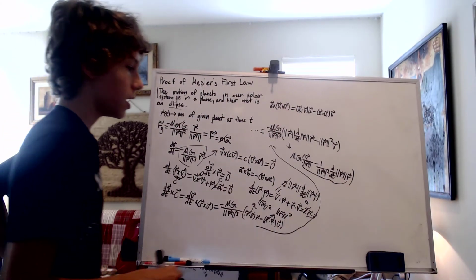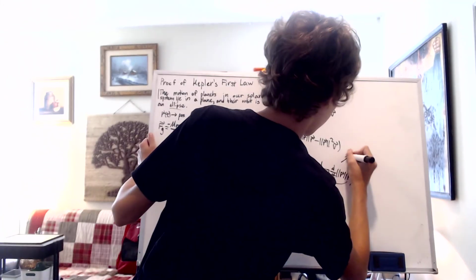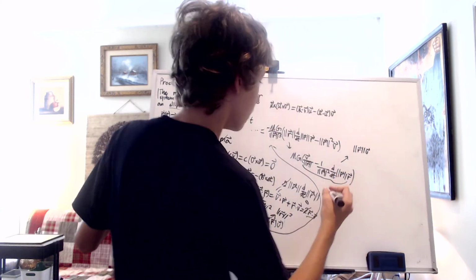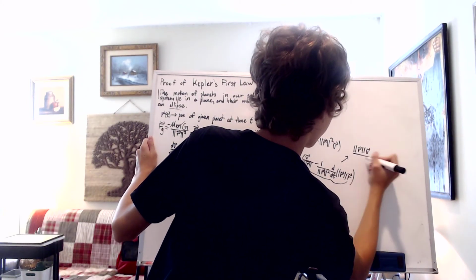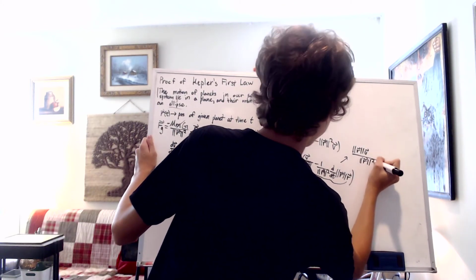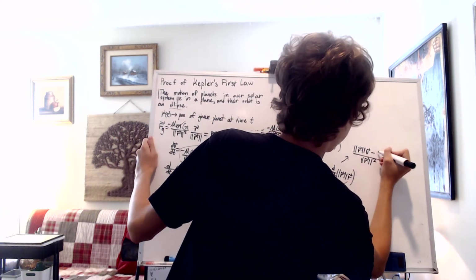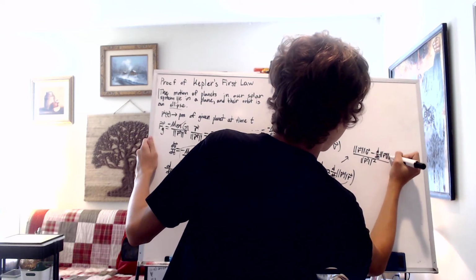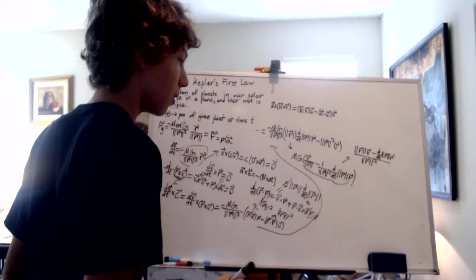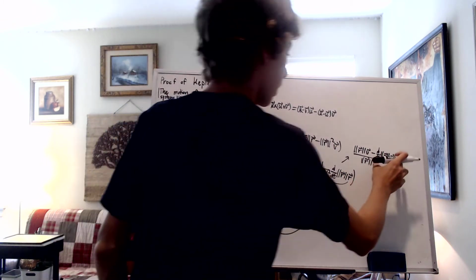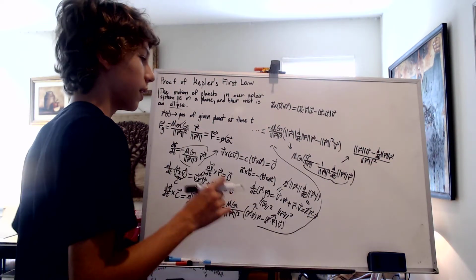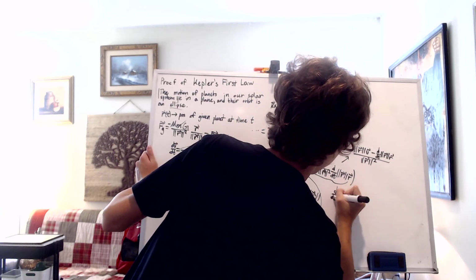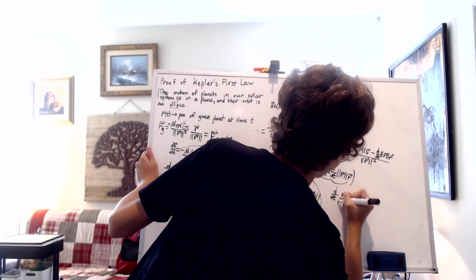But if you collect the common denominator, so we get magnitude of r v over magnitude of r squared minus d dt magnitude of r, then this looks exactly like if we take the derivative of r over the magnitude of r.